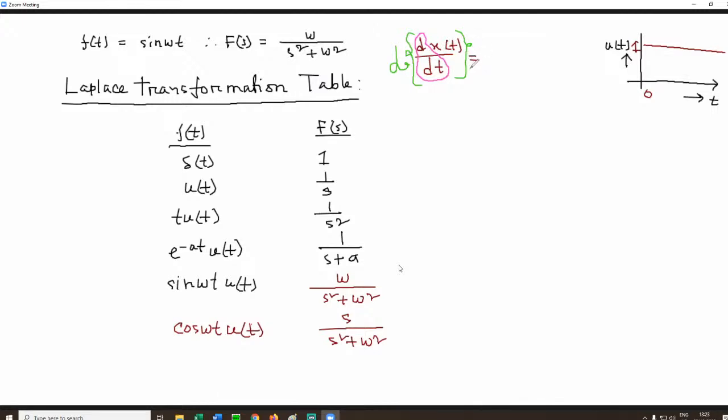Now, if there is only xt, if you take the Laplace transform of xt, what will you get?